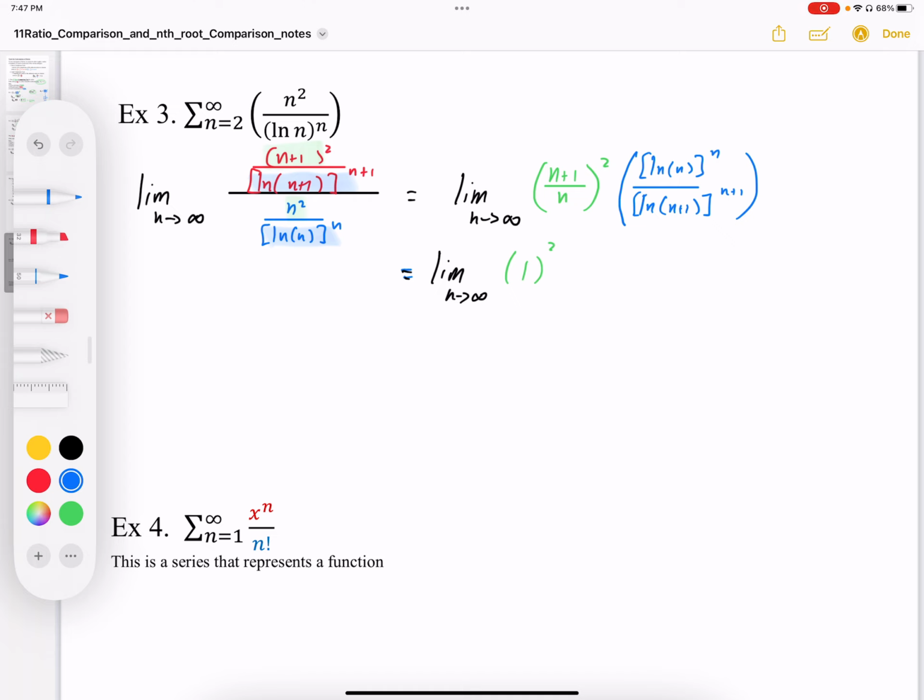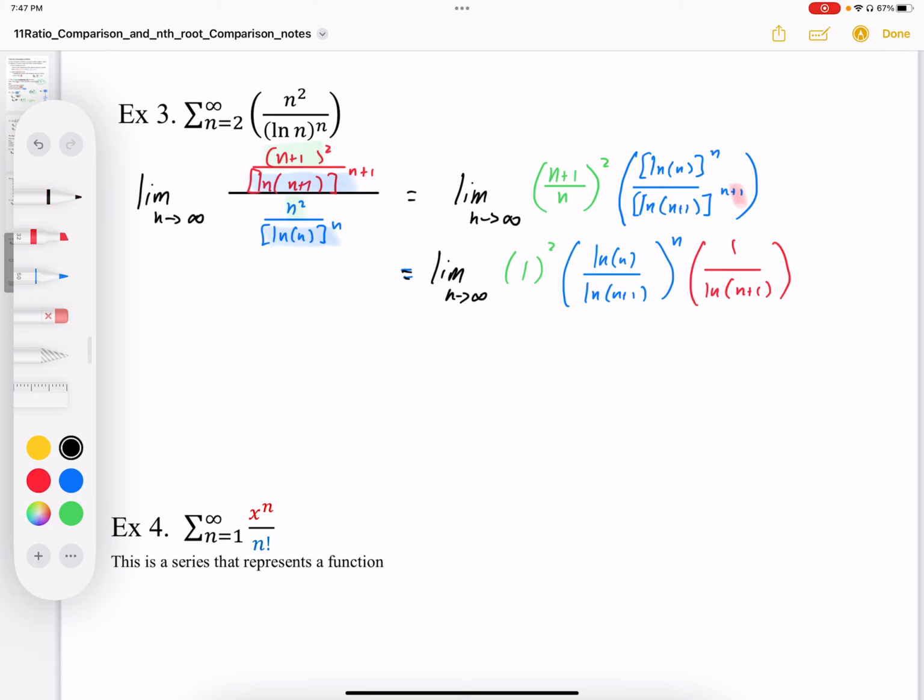So I'm going to split this up a little bit, and we're going to end up with log n over log n plus 1 to the power of n. Now we have that extra plus 1 here, so I've got to account for that, and that's going to be 1 over log of n plus 1. That's that extra plus 1 in there.